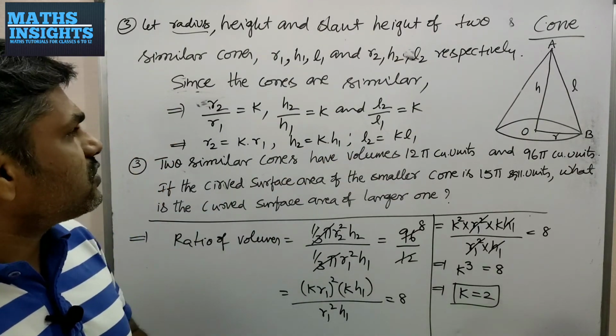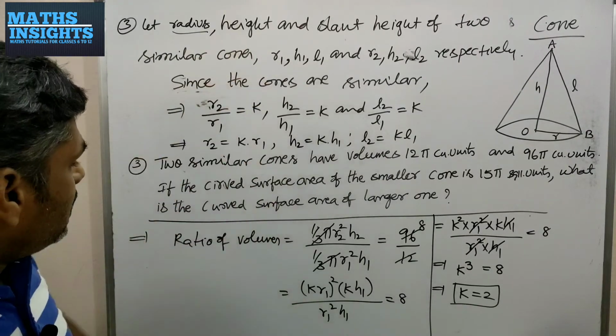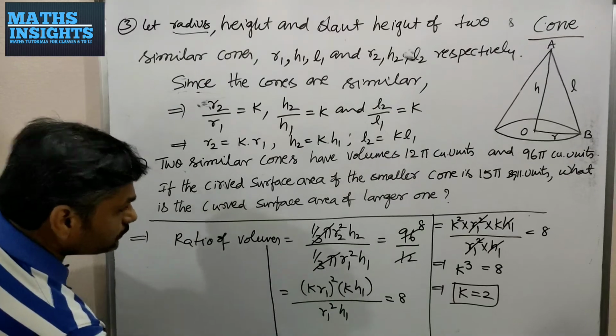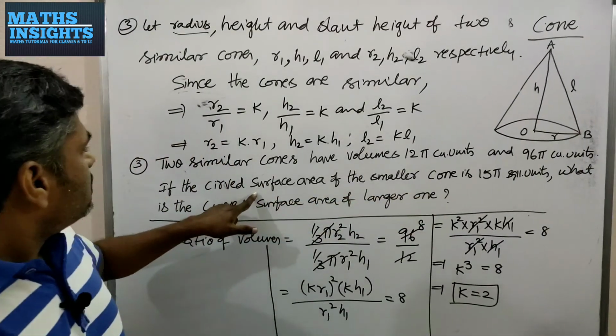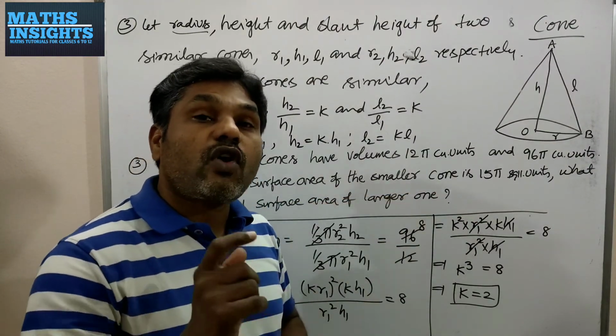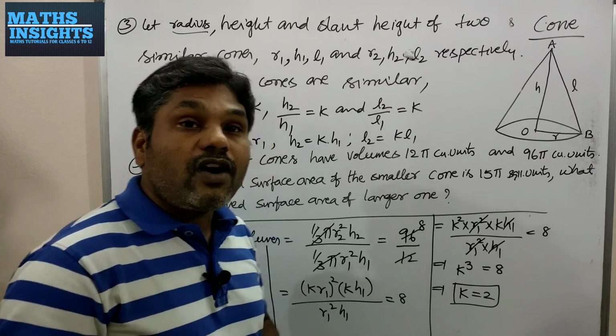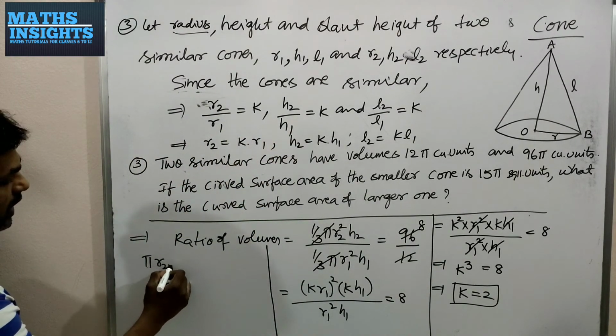Now what are they asking? I will erase, otherwise I will write here. They are saying that they have given the curved surface area of the smaller cone. What is the formula for curved surface area? Pi r l, that means pi r2 l2.